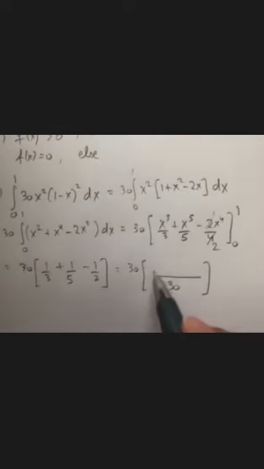And if we take the common denominator, that turns out to be 30. And here we get 10 plus 6 minus 15. So you have 16 minus 15, which is 1, and this 30 cancels out. So this is equal to 1. So it means the given density function is a probability density function. So we have checked this condition.